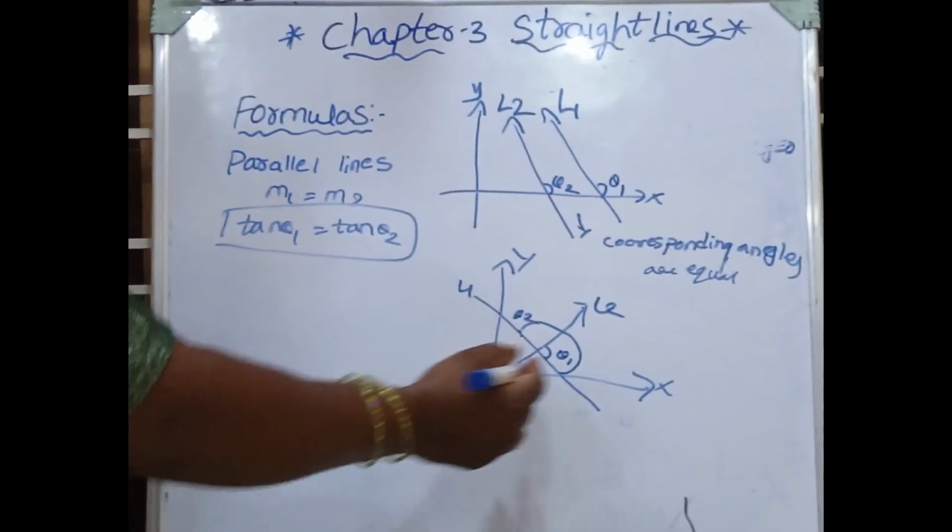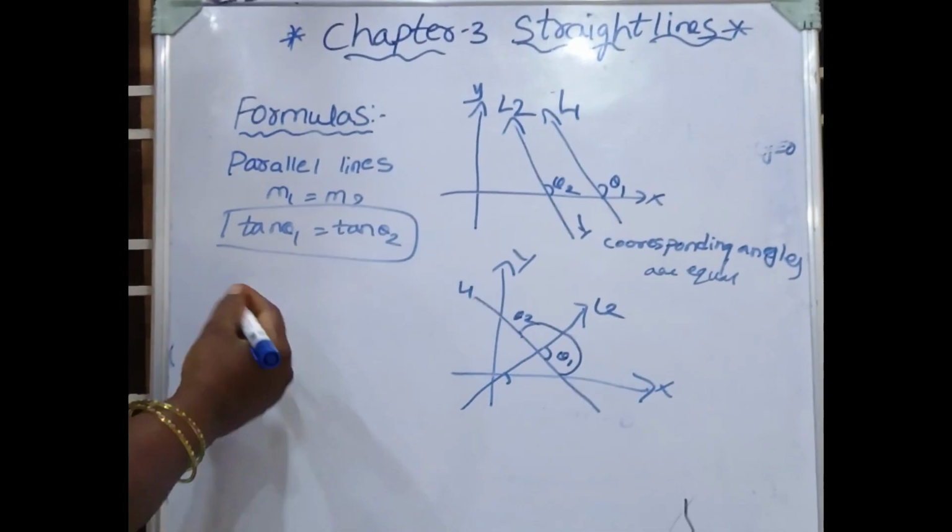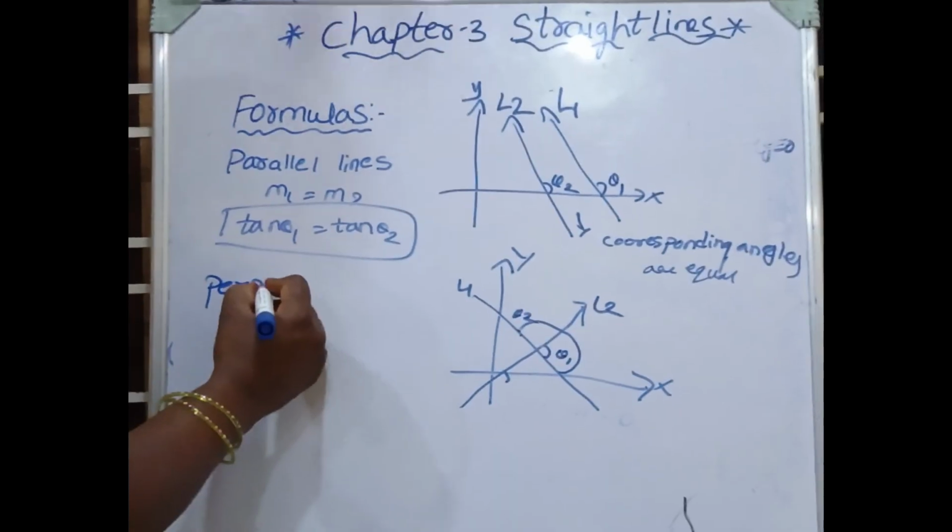These are perpendicular lines. What is the formula for perpendicular lines?